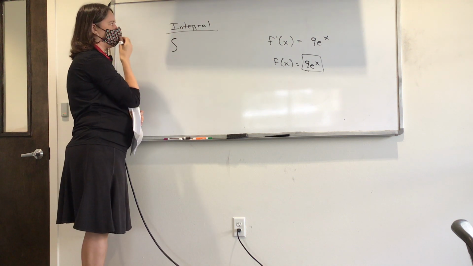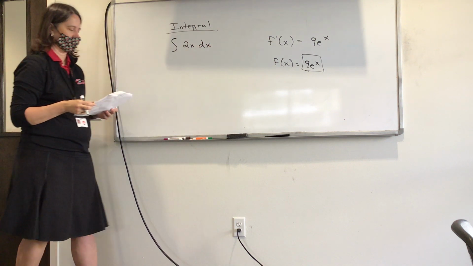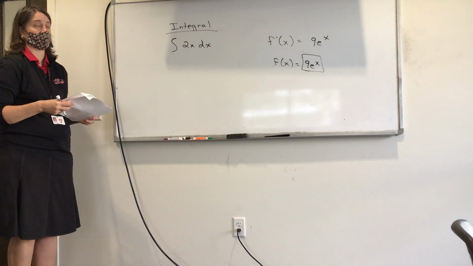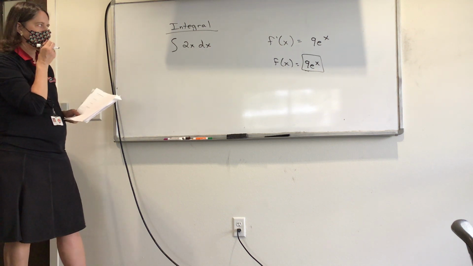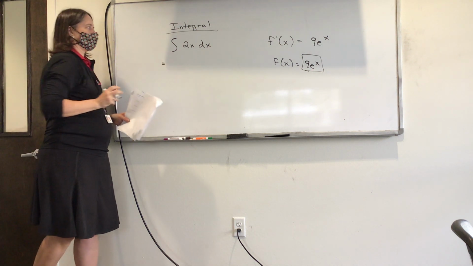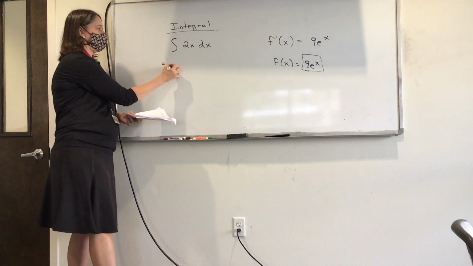So if I had the integral, and it said 2x dx. Remember, the dx at the end just clues me that the variable is x on the question. Josiah, what would I need to write for the integral of 2x dx? So it would be x squared plus c. Very good.